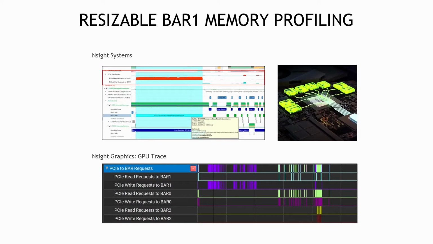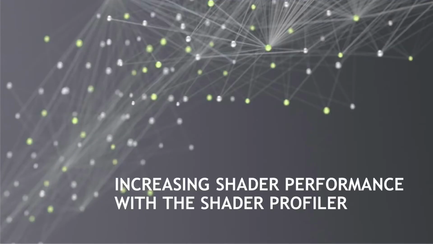Resources like textures, shaders, and geometry can be requested as needed and sent concurrently without waiting for queues. To fully utilize resizable bar, you need to have proper visibility into how those transfers are happening behind the scenes. GPU Trace is a perfect complement to Nsight Systems when looking at improving your application's performance using resizable bar.